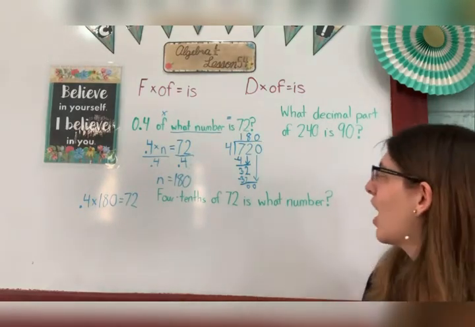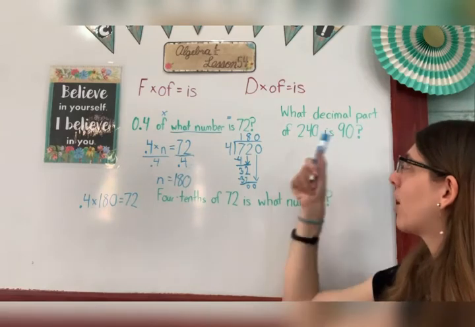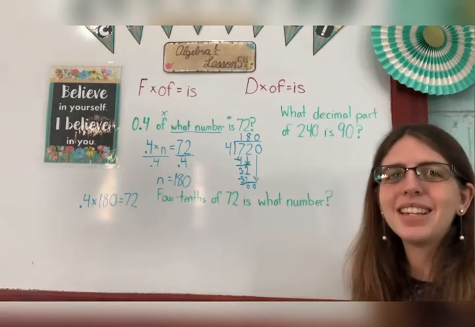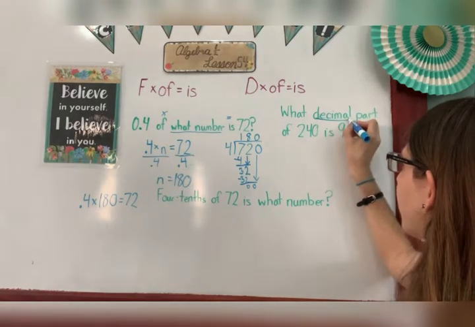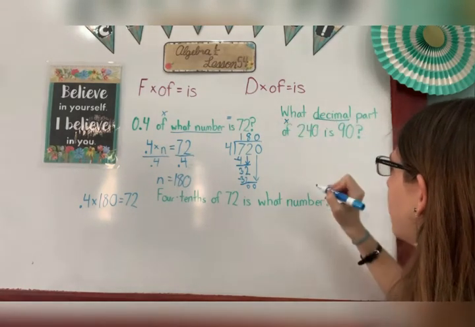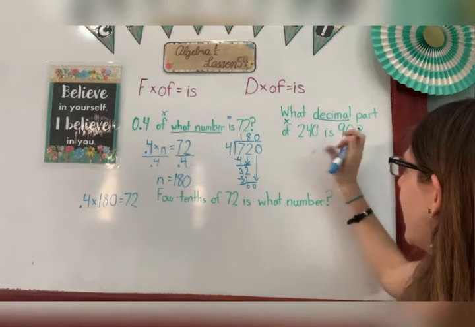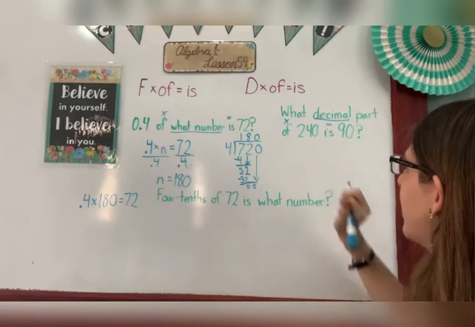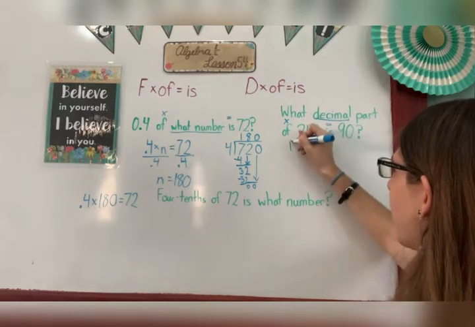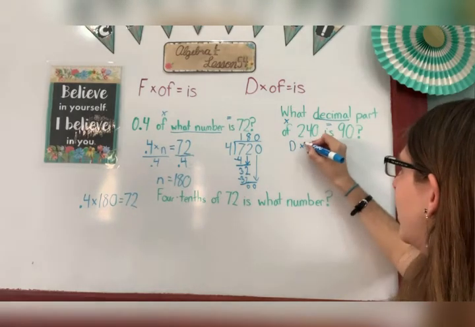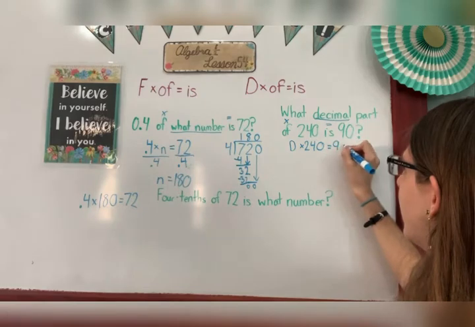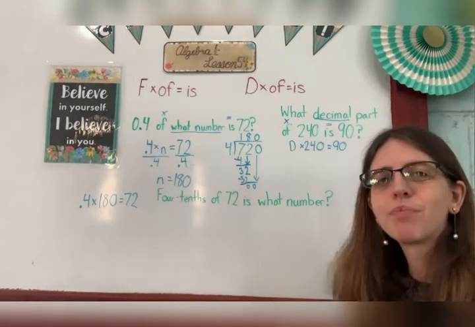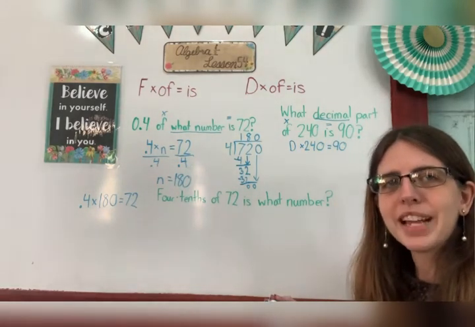Okay, what decimal part of 240 is 90? Okay, so here I have the decimal of, so multiply, 240 is, so equals 90. So using my formula, I have decimal times 240 equals 90. Now I solve for my decimal.